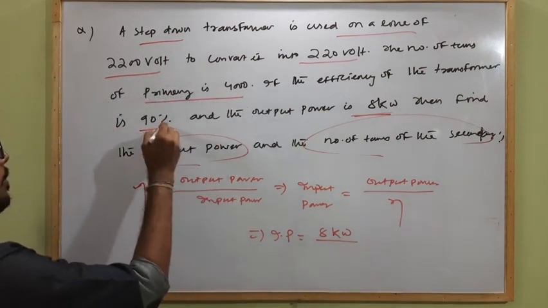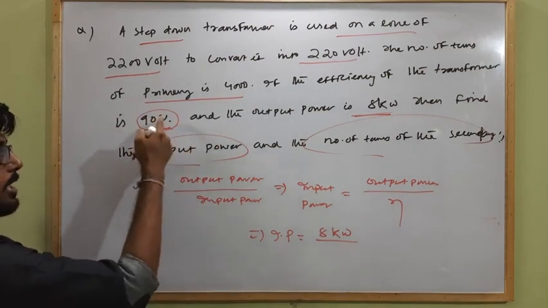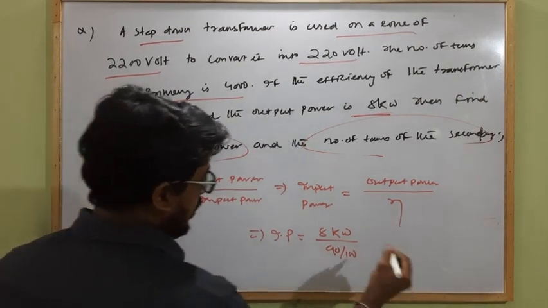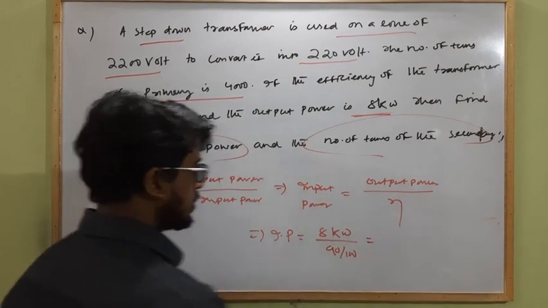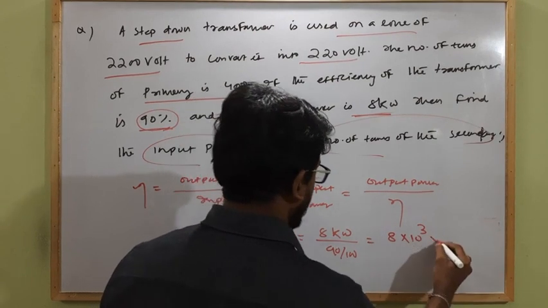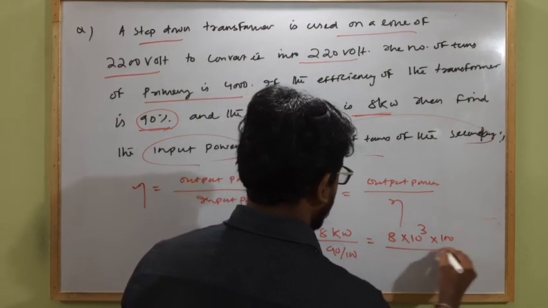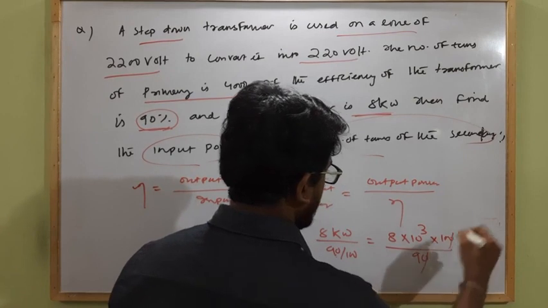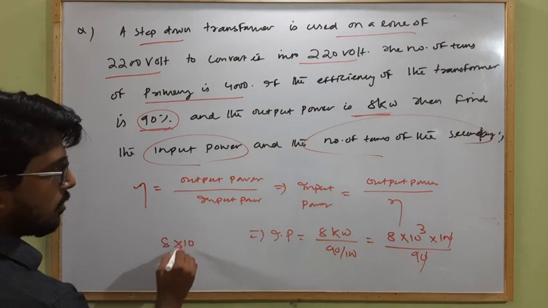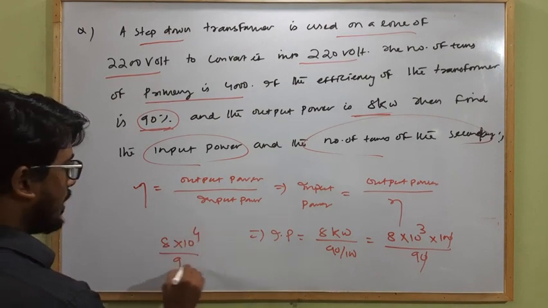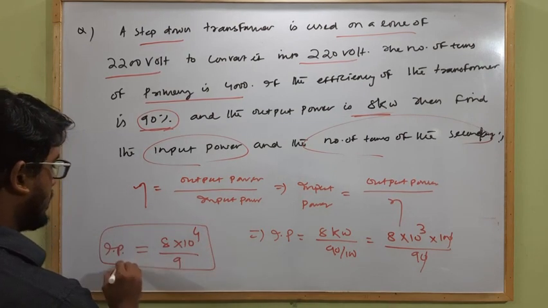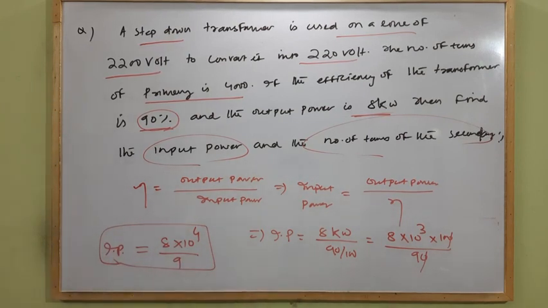The efficiency is 90%, so efficiency will be 90 by 100. So this will be 8 into 10 to the power 3 into 100 divided by 90. So cancelling, this will be 8 into 10 to the power 4 by 9, which is the input power. By solving this we can get the answer.